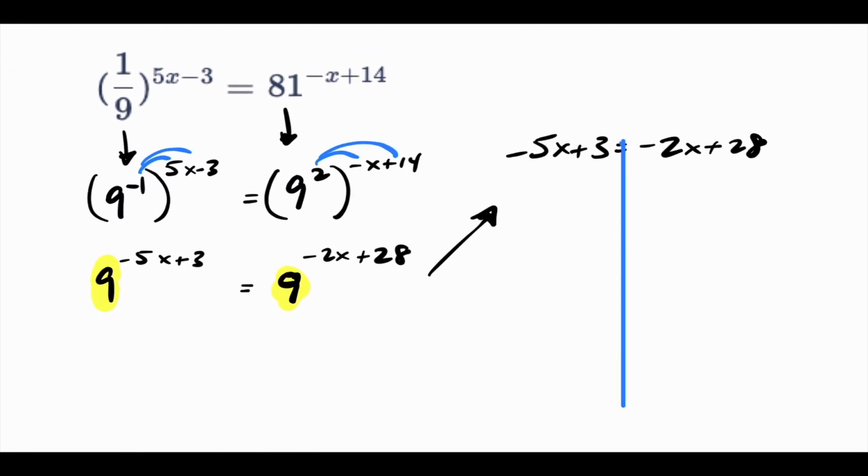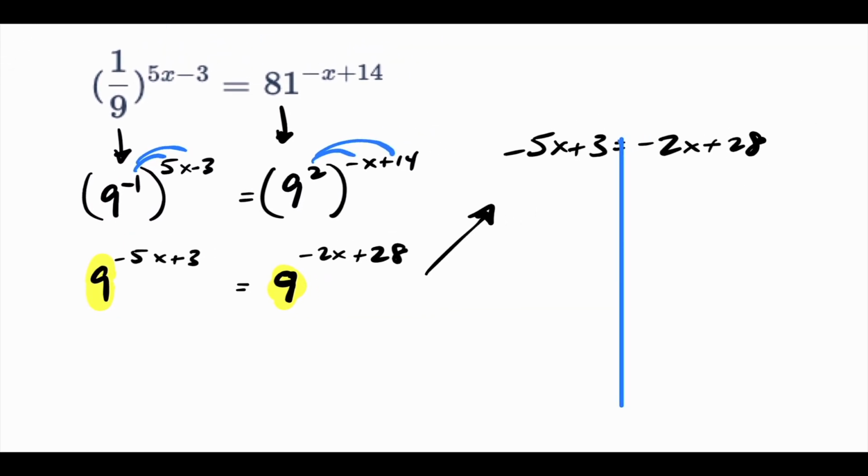Okay. Let's see, add 5 to both sides. Again, you can add 5 to both sides, or you can add 2 to both sides. Either one will work.